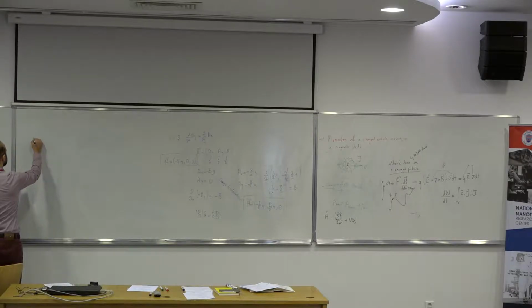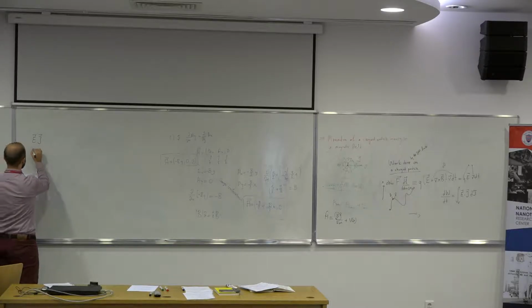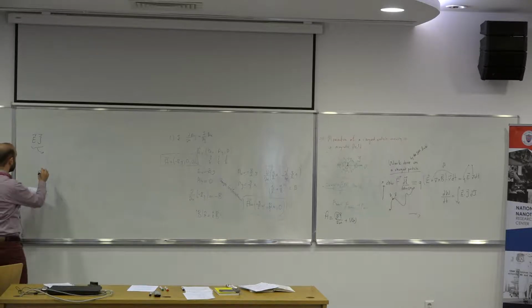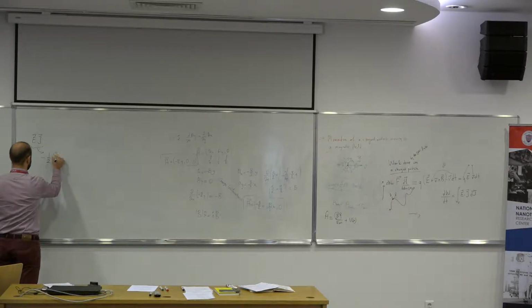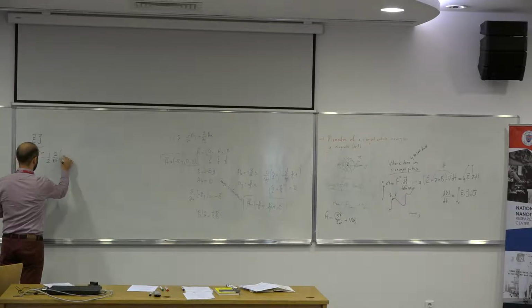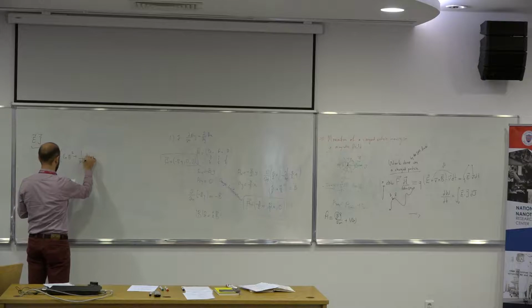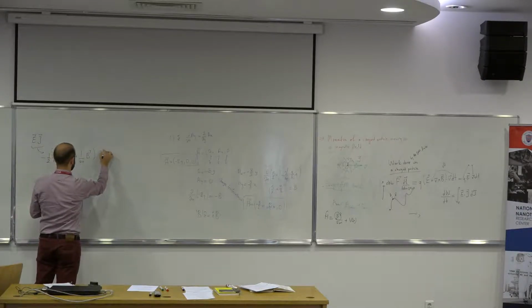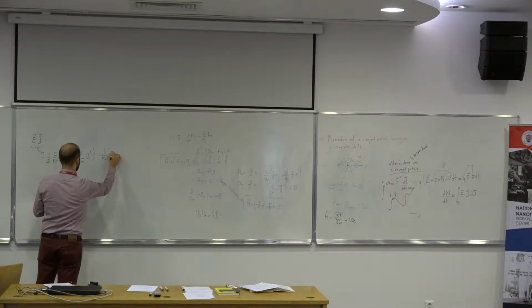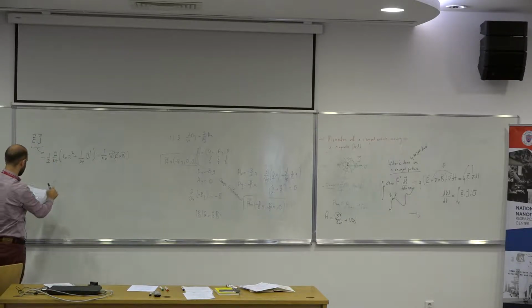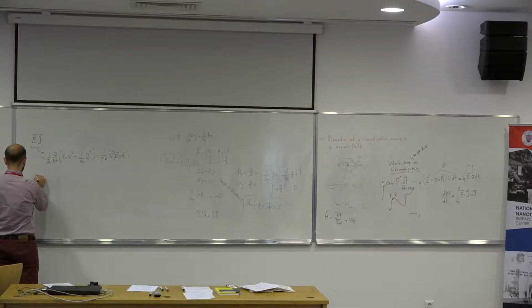Now, for E dot J, I can write such an expression from Maxwell's equations. So I have 1/2 del by del t of epsilon 0 E squared plus 1 over mu 0 B squared, sorry, minus 1 over mu 0 del dot E cross B. Okay, so if I take this into the integral, this is what I'm going to get.